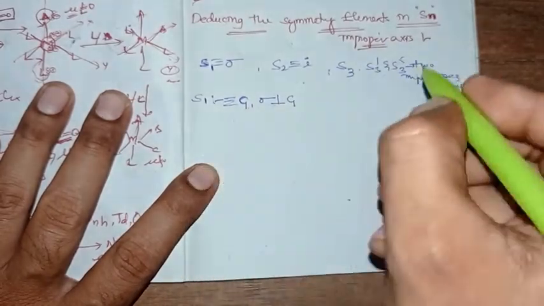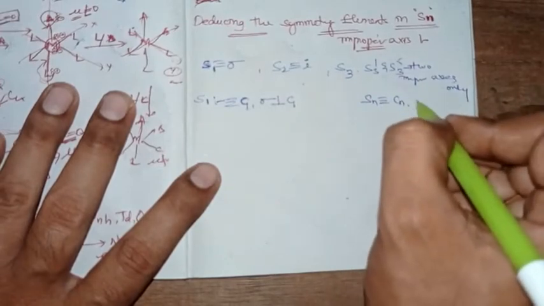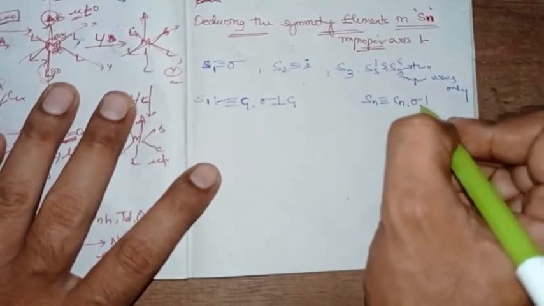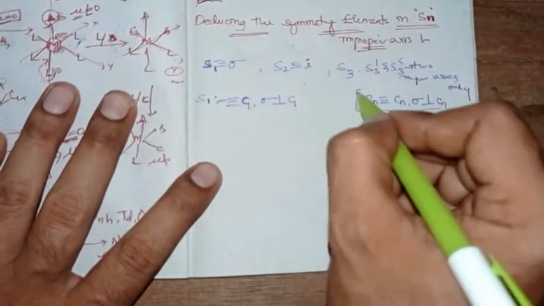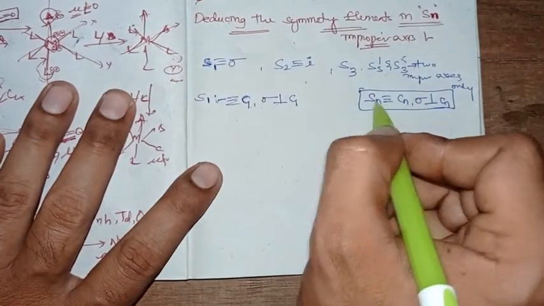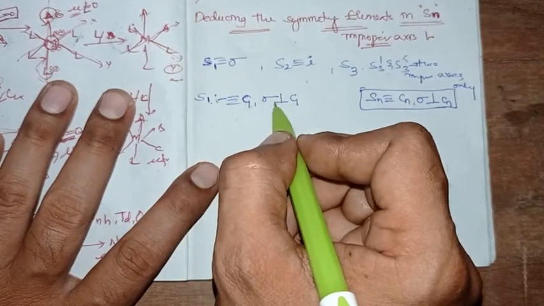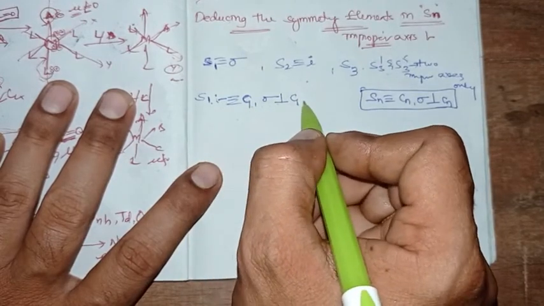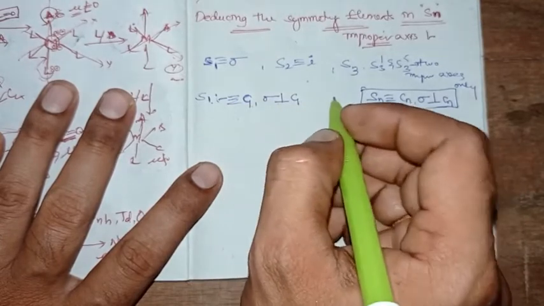We know that Sn is equivalent to a rotation followed by reflection perpendicular to the rotational axis, isn't it? That is the improper axis. So here, by putting n equal to 1, Sn is equivalent to Cn followed by sigma perpendicular to the C1.